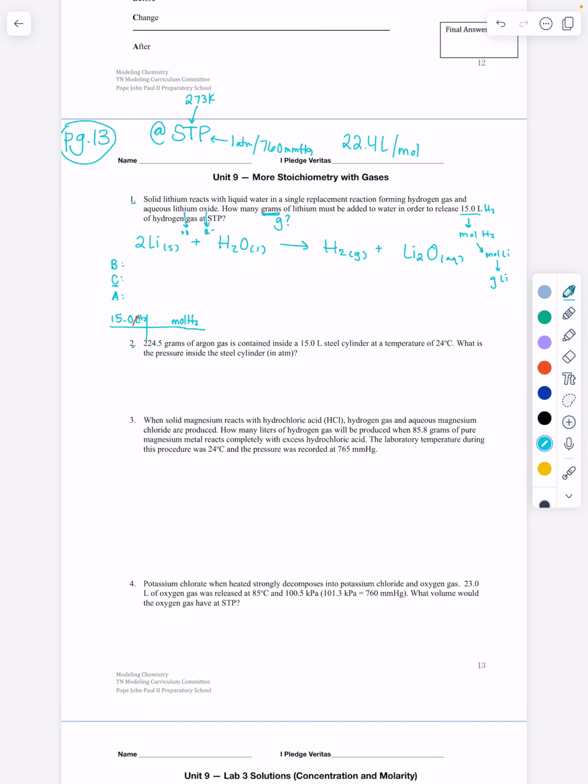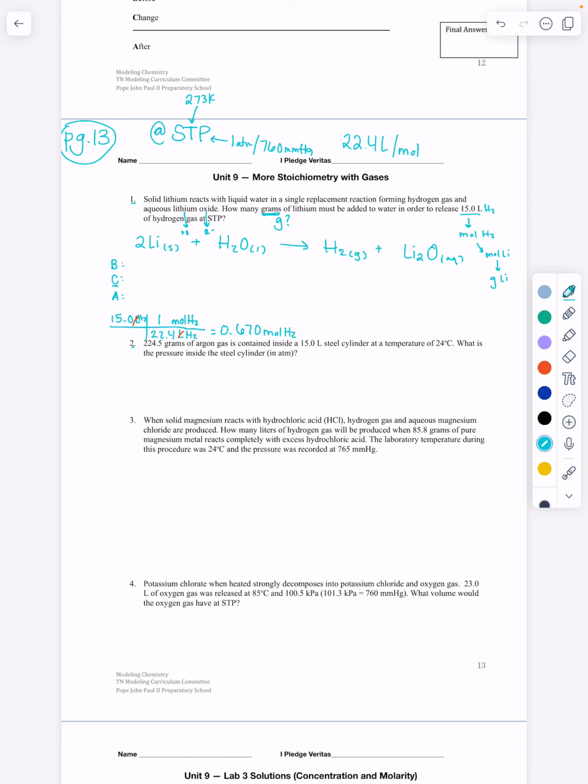That means our liters is going to go on the bottom so that it can cancel out. Because anytime I have something in the top and the bottom of my T-chart, they cancel out. So liters of H2, and this conversion is 22.4 liters to 1 mole of H2. And so then when I put that into my calculator, I'll get 15 divided by 22.4. And that will give me 0.670 moles of H2.